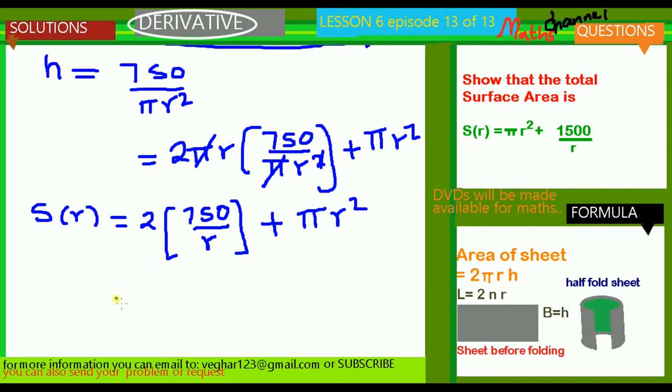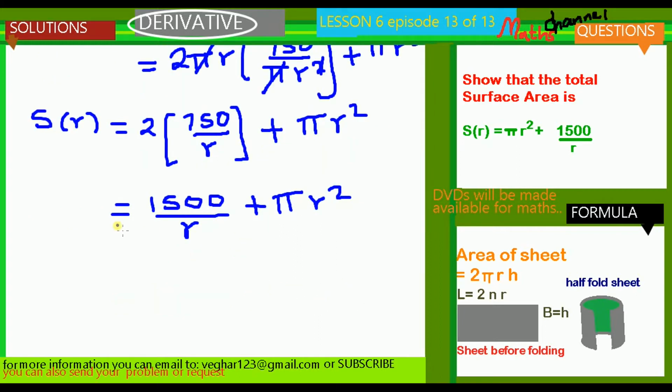So multiplying by 2 on top, you have 1500 divided by r plus pi r square, and this is the same thing.